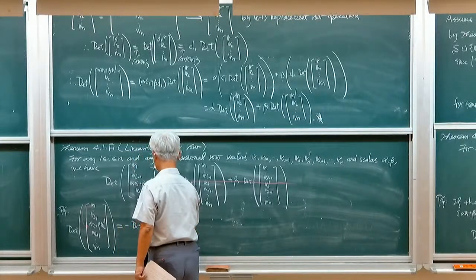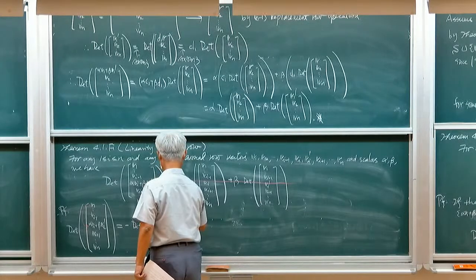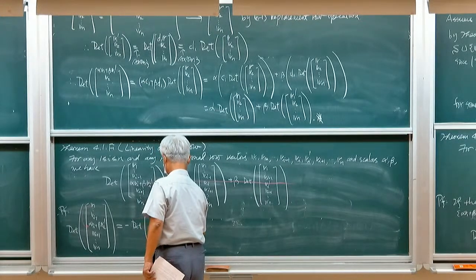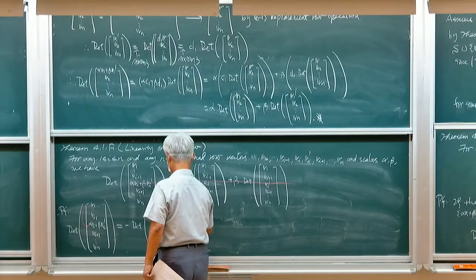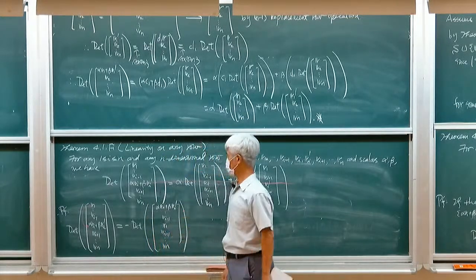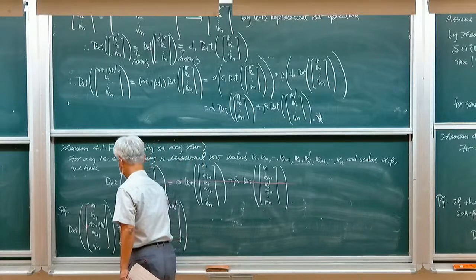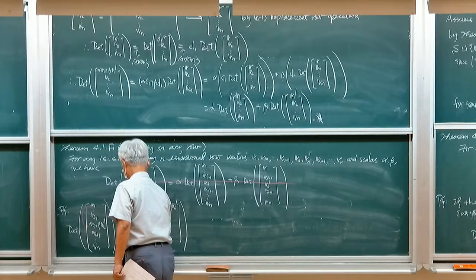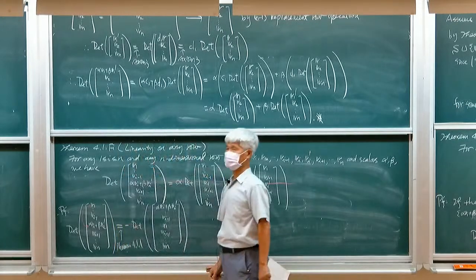So the first row becomes alpha Ri plus beta Ri prime, and here is R(i-1), R1, R(i+1), Rn. Okay, so by row exchange, this is Theorem 4.1.1.